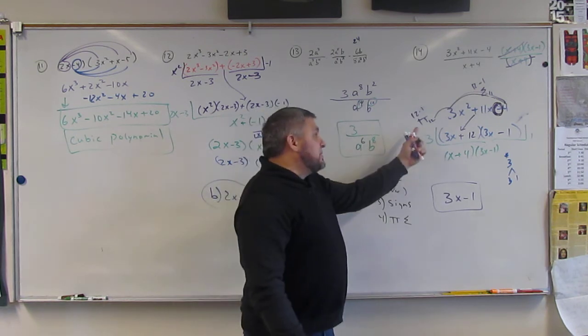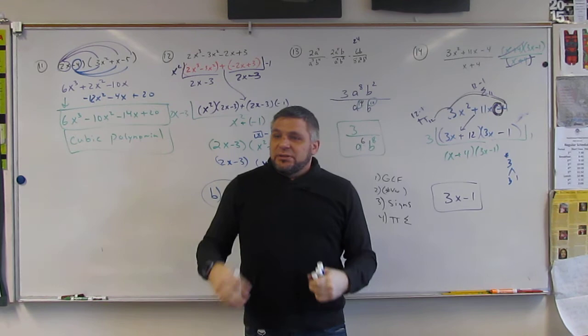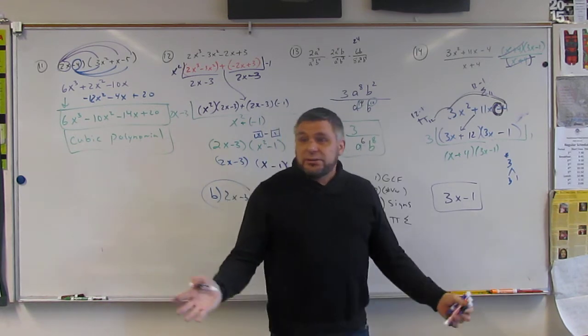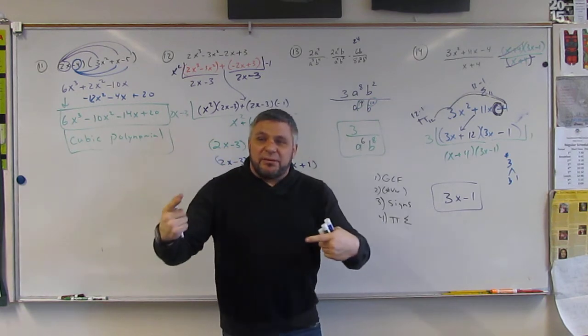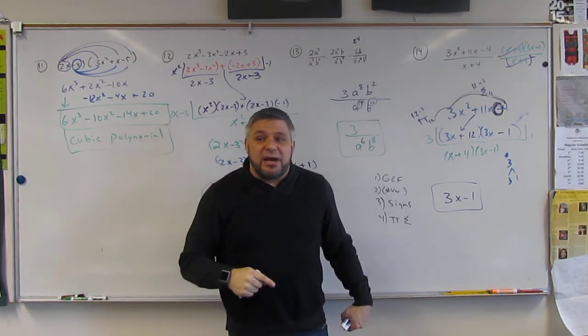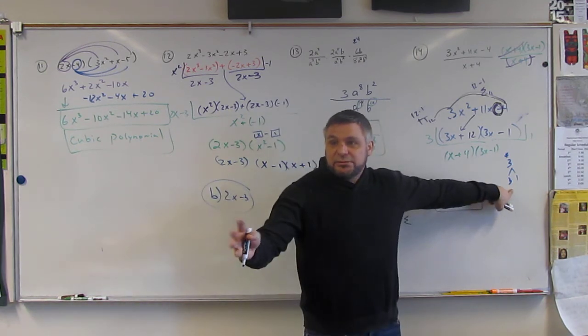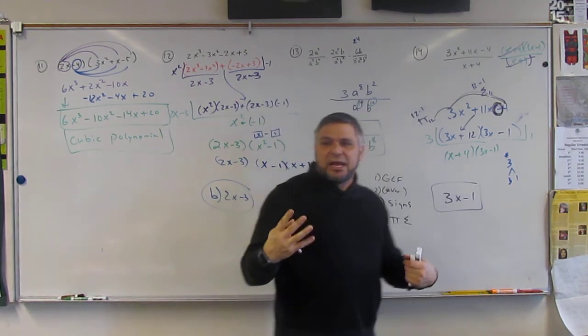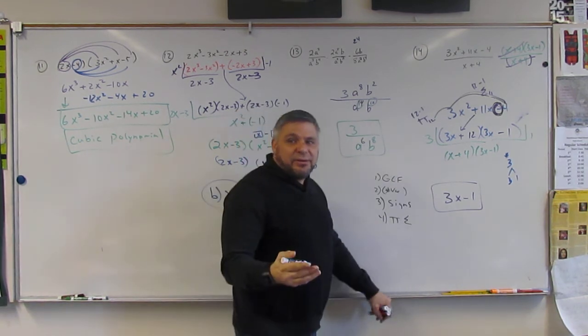So we need two numbers that multiply to be 12, but subtract to be 11. So the only two numbers would be 12 and 1. So we plug those in. But because we put an extra 3 in, 3 times 3 is not 3, right? 3 times 3 is 9. So we have to pull it out later. So that's what makes this a little easier. It's kind of weird, but it makes for easy math.